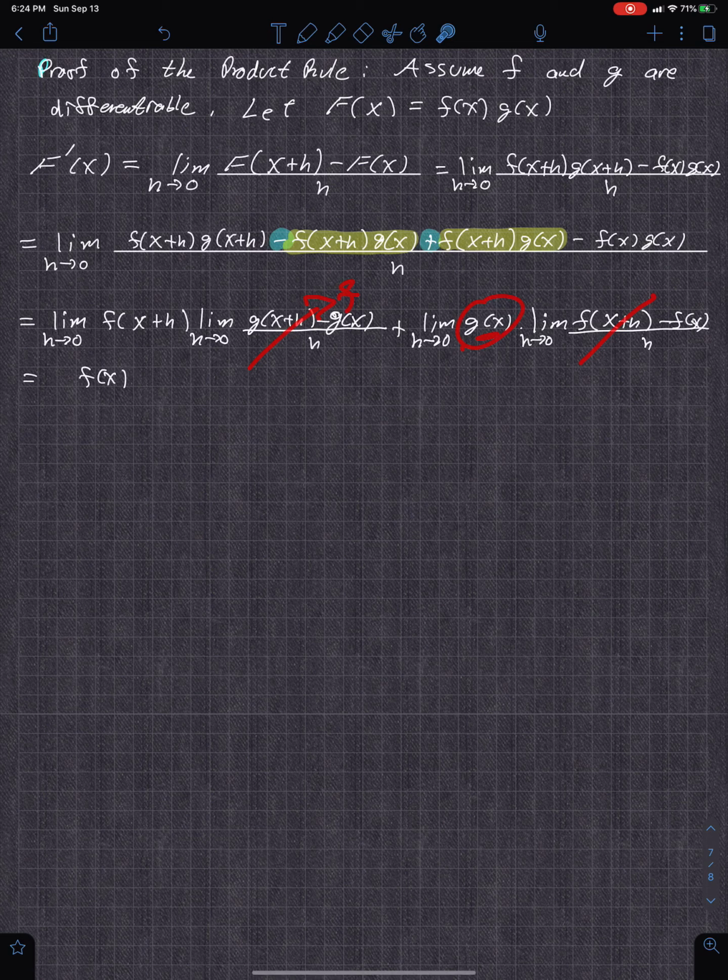This is g prime, and this is f prime. Then we just commute it to get the form I like: f(x)g'(x) plus g(x)f'(x). You can rewrite that and get f'(x)g(x) plus f(x)g'(x), just by the commutative property of addition and multiplication.